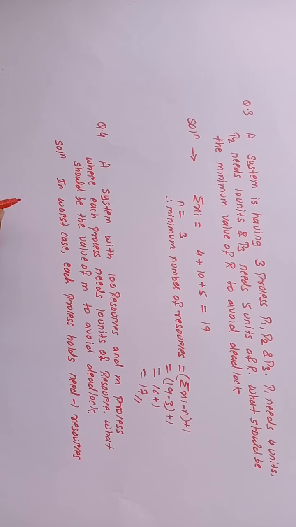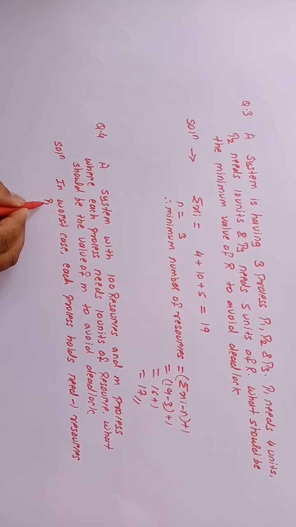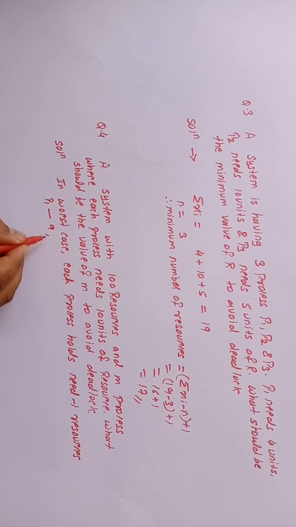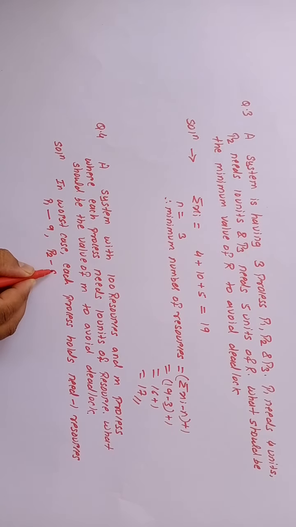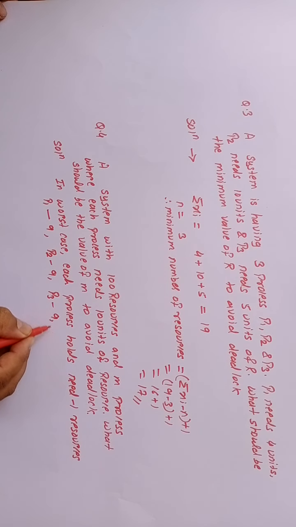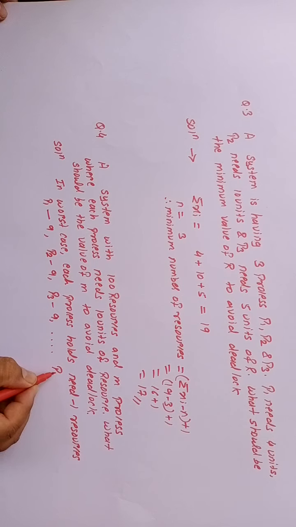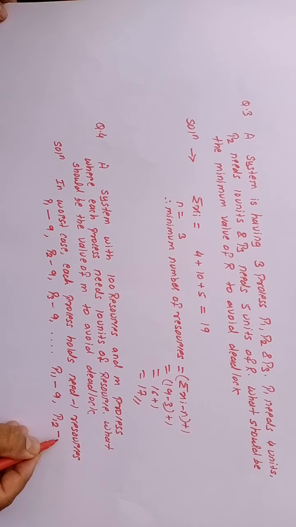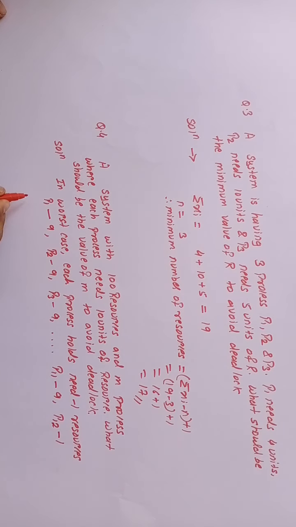Since here each process needs 10 resources, process P1 will hold 9 resources, process P2 will hold 9 resources, process P3 will hold 9 resources. Similarly, process P11 will hold 9 resources and process P12 will hold 1 resource.